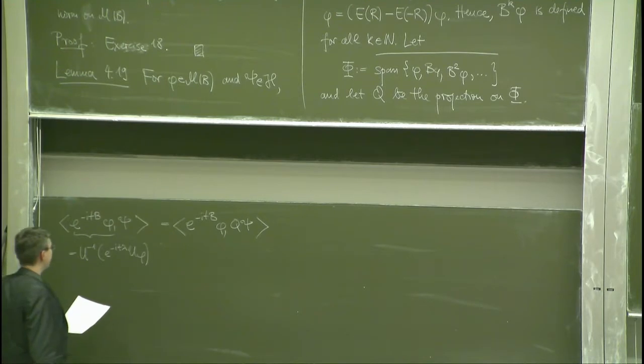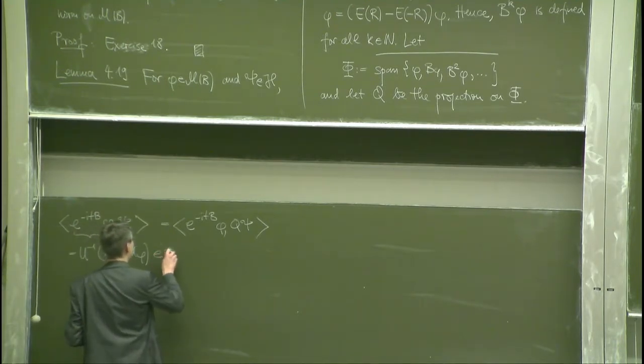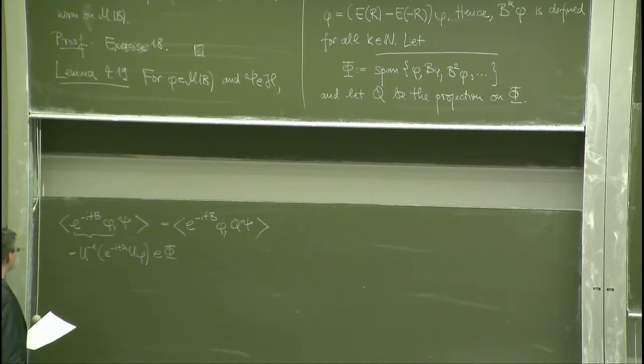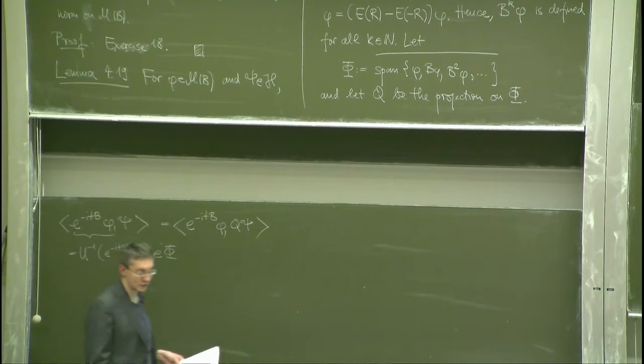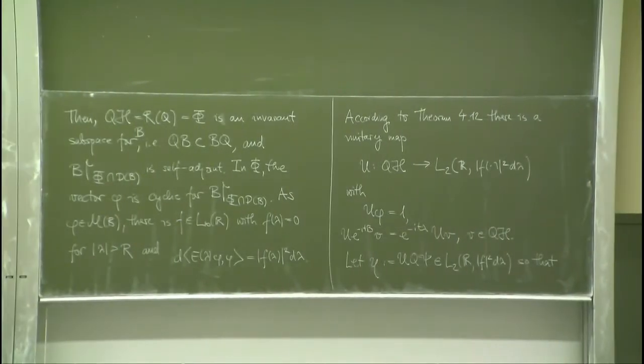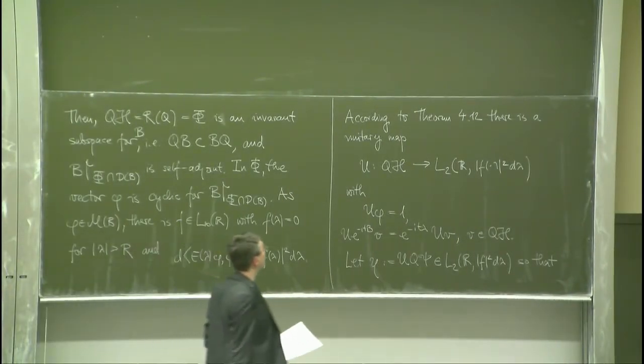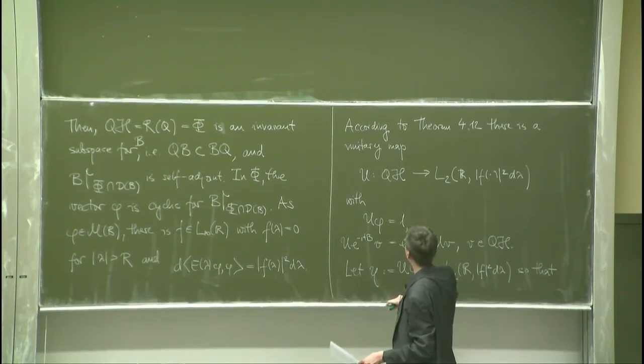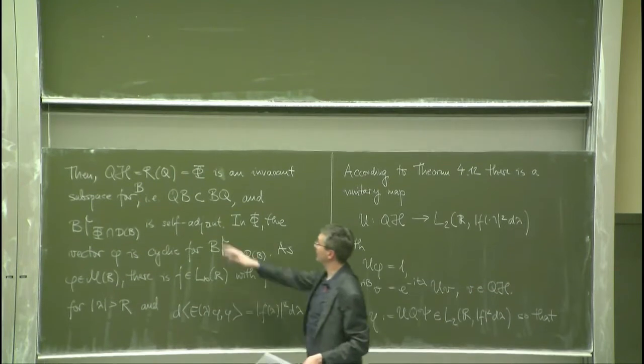But this is then in the space phi, because it's the pre-image under the map U, and if you look back to the definition of U, U starts on the range of Q, which is the space phi.